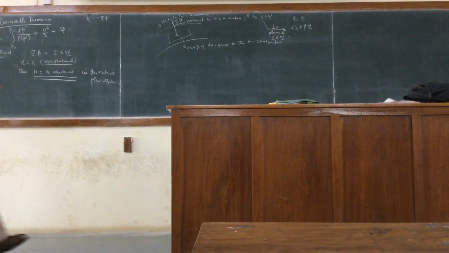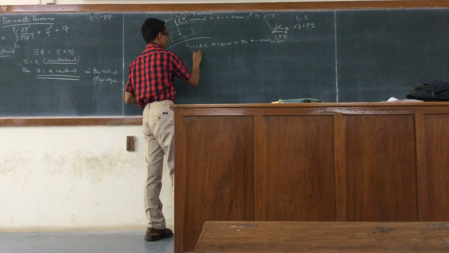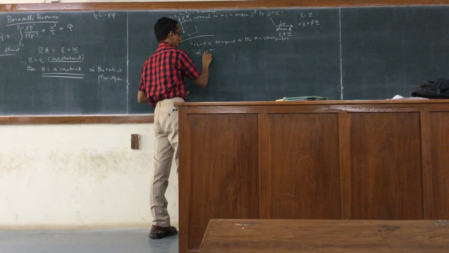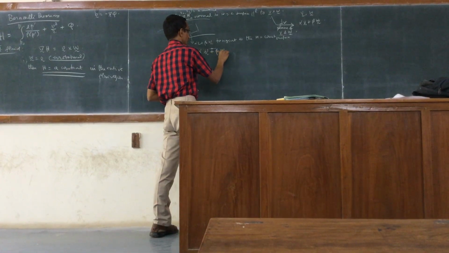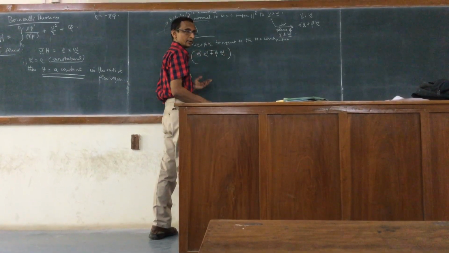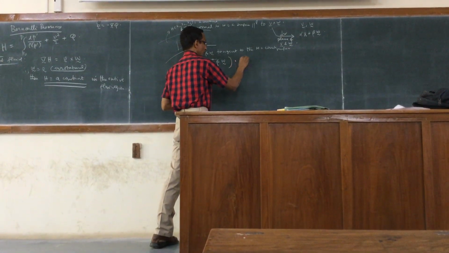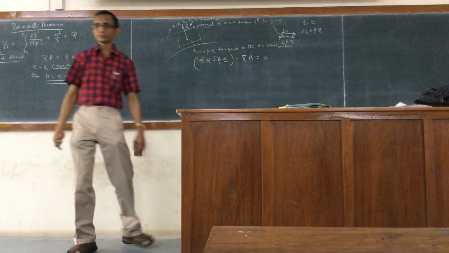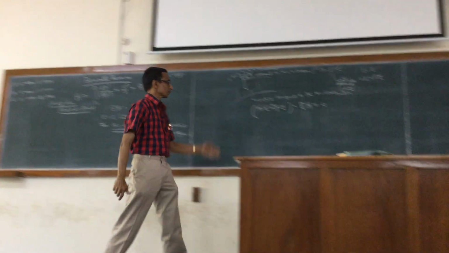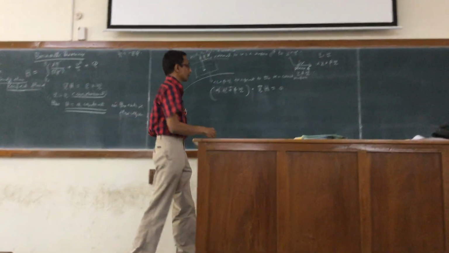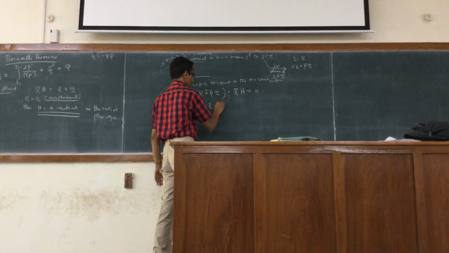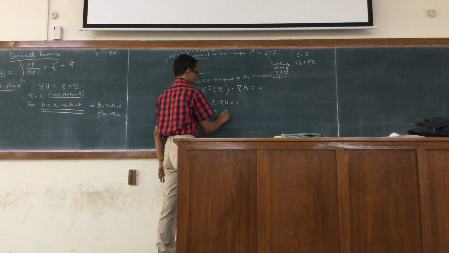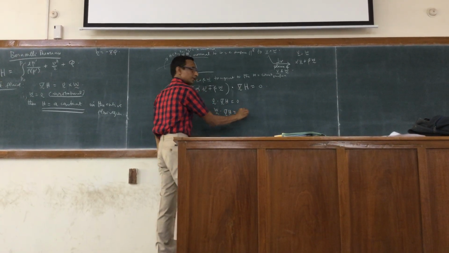So that would clearly mean that alpha V plus beta W, any vector in the plane, dotted with the gradient of H is 0. Since this applies to all values of alpha and beta, V dotted with the gradient of H is 0 and W dotted with the gradient of H is also 0.